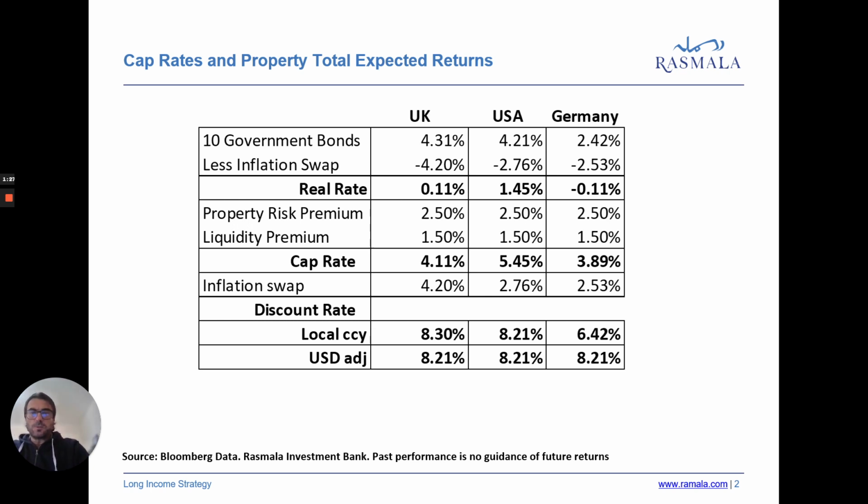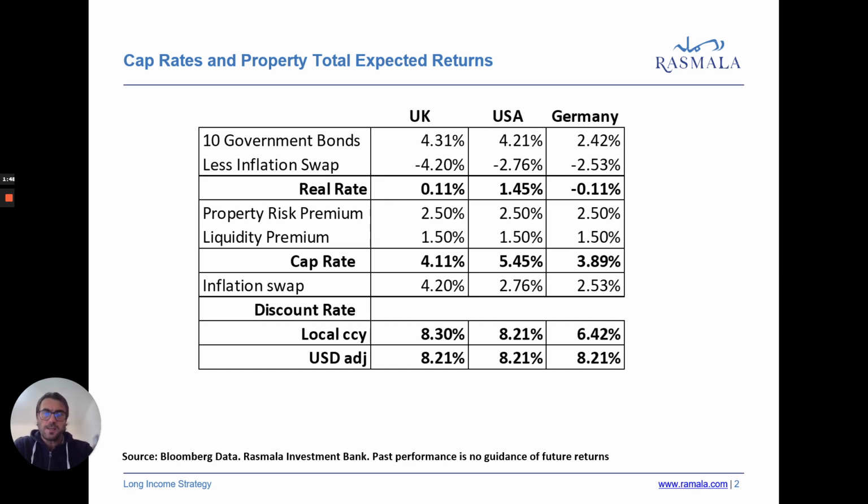So I wanted to break down really the cap rates and the total expected return of a property, which is basically the discount rate used to value the cash flows of a property.